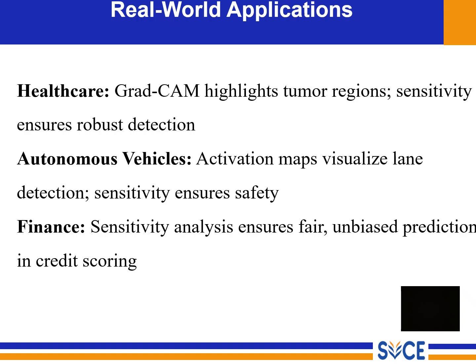Sensitivity analysis checks whether sudden lighting changes affect detections. And then the finance department. When predicting the credit score, sensitivity analysis ensures fairness. Small changes in non-important factors like age or region should not flip the decisions. Okay. So in every industry, explainability improves trust and safety.